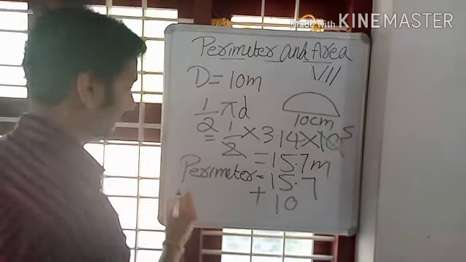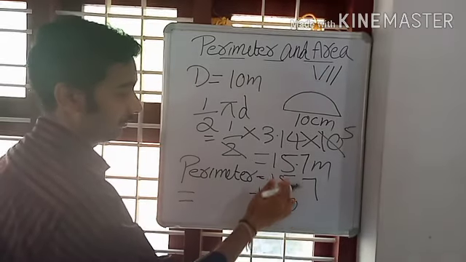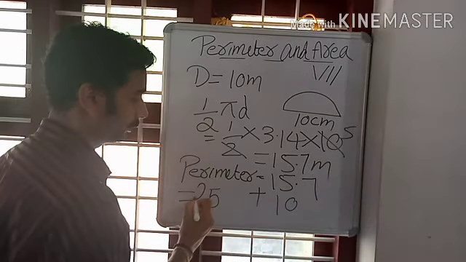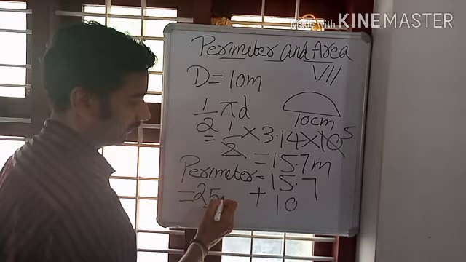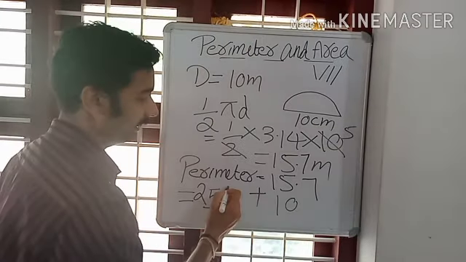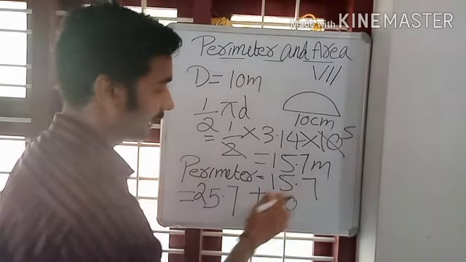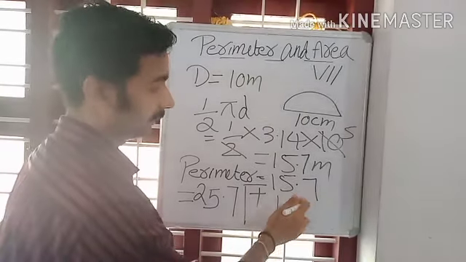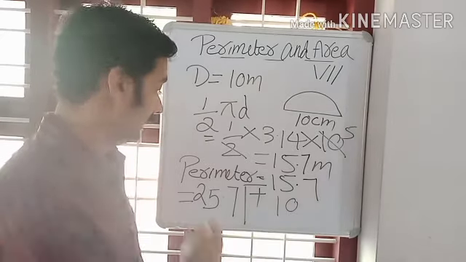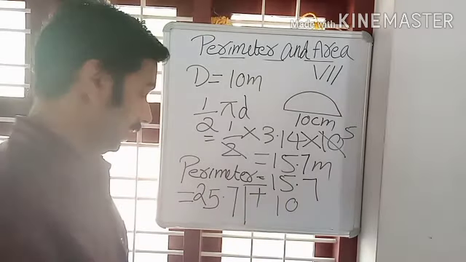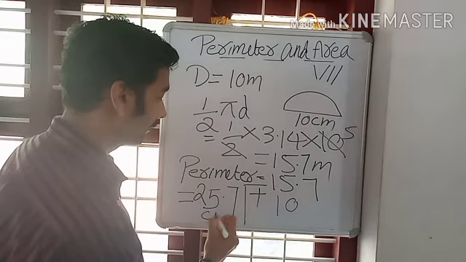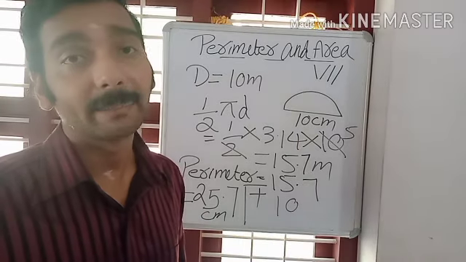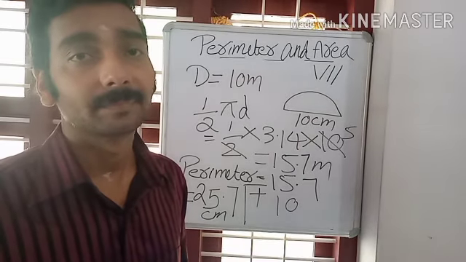So 15.7 plus 10, where 10 means 10.0. The result is 25.7 centimeter. Clear? Okay.